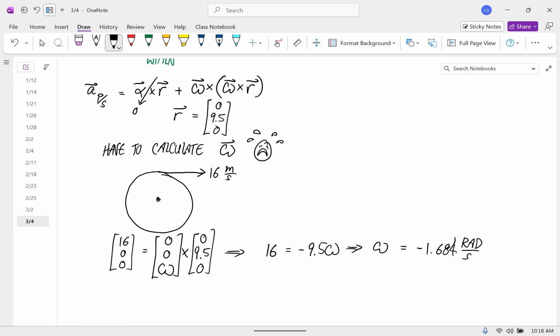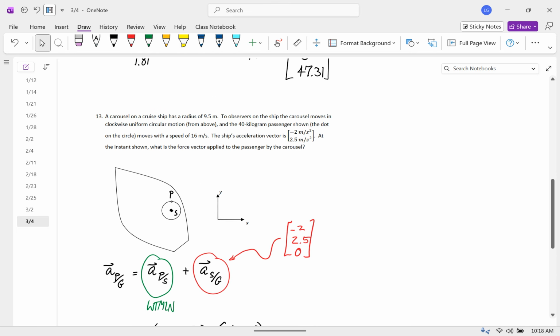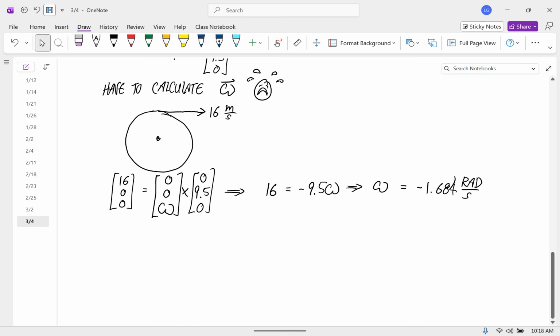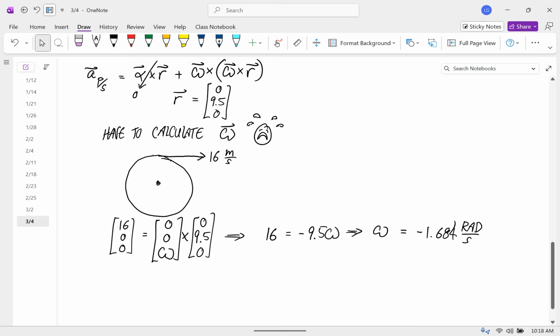Yes? Do you know why it was 0 omega? Because this motion is all in the xy plane. And so anything in the xy plane, omega and alpha only have z components. We said the speed is in the x positive direction because the passenger was at that point.